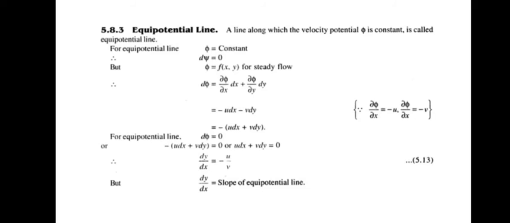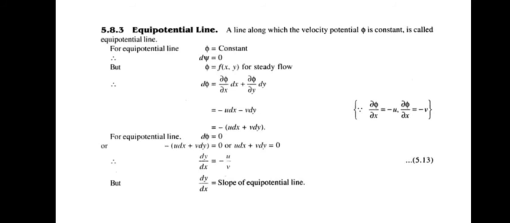That means φ is equal to constant, so dφ is equal to 0, but φ is a function of x comma y for steady flow. So dφ is equal to ∂φ/∂x multiplied with dx plus ∂φ/∂y multiplied with dy.